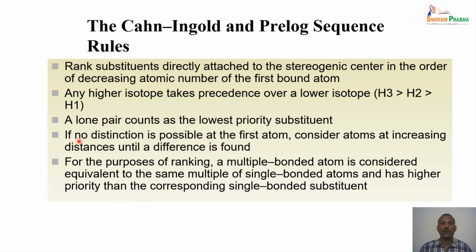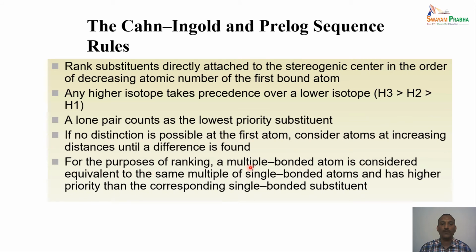And if we are unable to differentiate at the first atom, then we have to move on to the next atom. That is, consider atoms at increasing distance until a difference is found. So we have to keep on moving until we identify the first difference. Based on that we will have to give the numbering.